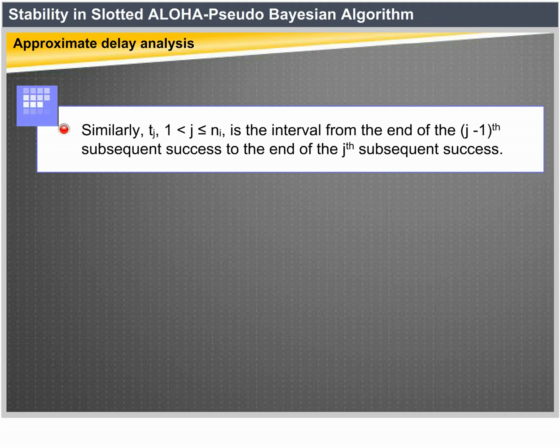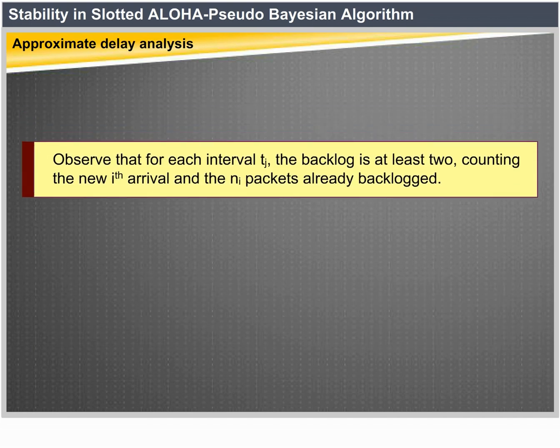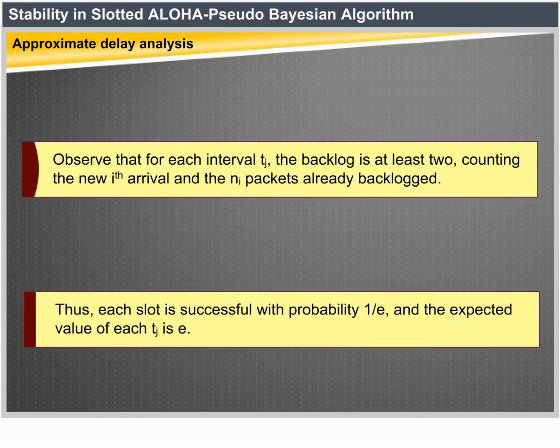For those N_i successes, Y_i is the remaining interval until the beginning of the next successful transmission, that is, the ith transmission overall. Observe that for each interval T_j, the backlog is at least 2, counting the new ith arrival and the N_i packets already backlogged. Thus, each slot is successful with probability 1/e, and the expected value of each T_j is e.